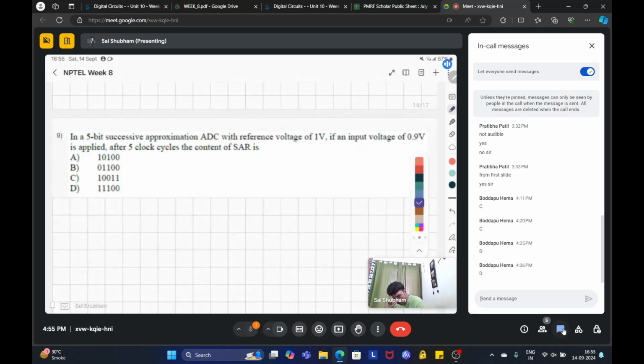So the next question is that in a 5-bit successive approximation ADC with reference voltage of 1 volt, if an input voltage of 0.9 volt is applied, after 5 clock cycles, what is the content of the SAR ADC?